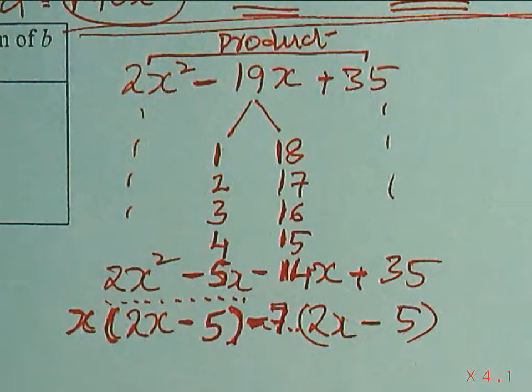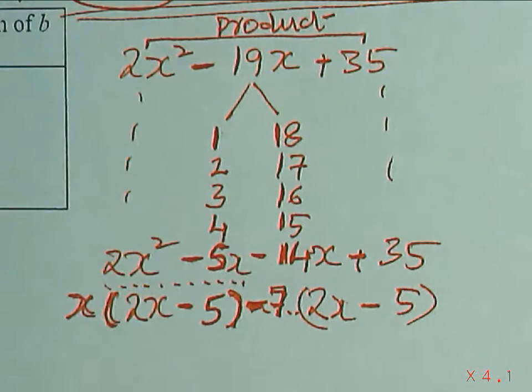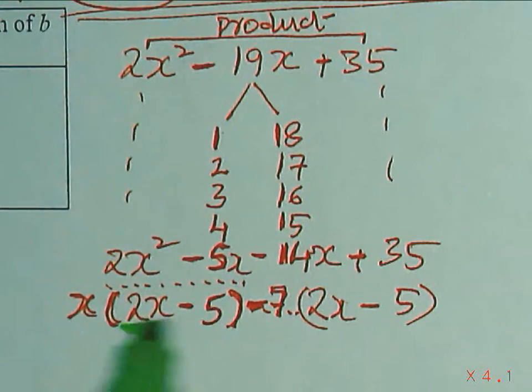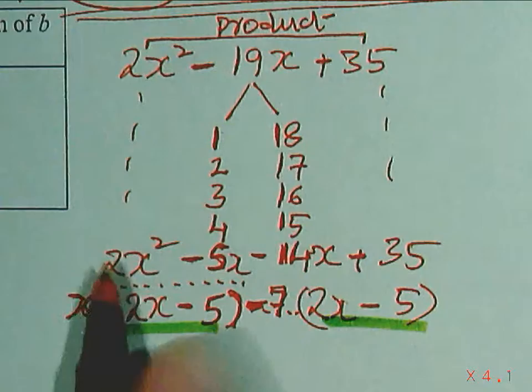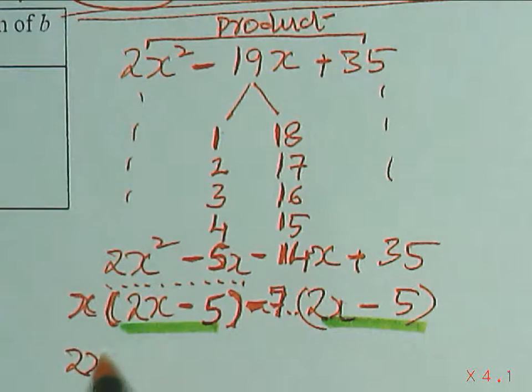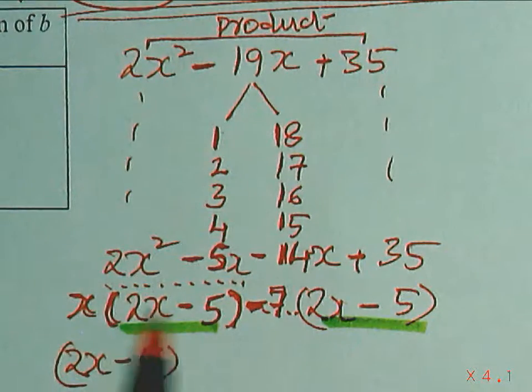Now, do you see something same once again? X's. 2 and 5? Very good, it's not 2 and 5. We'll say that 2x minus 5 and 2x minus 5, it's the same. If I take this 2x minus 5 as common, then notice that this one is already taken.